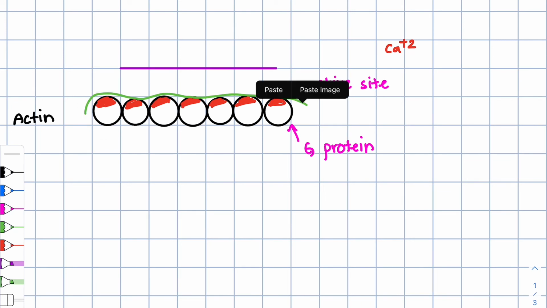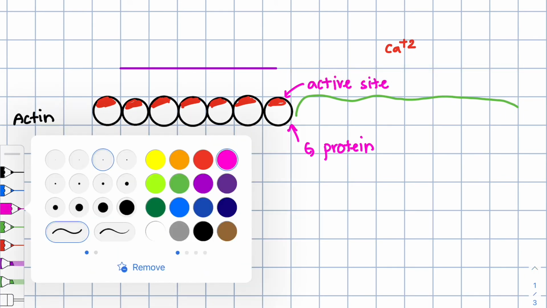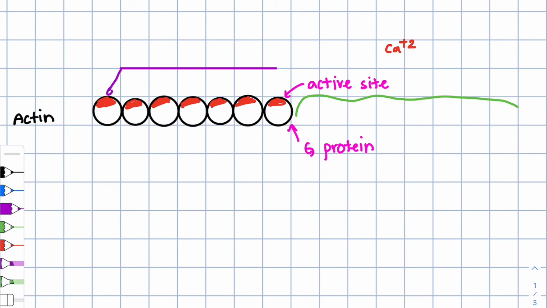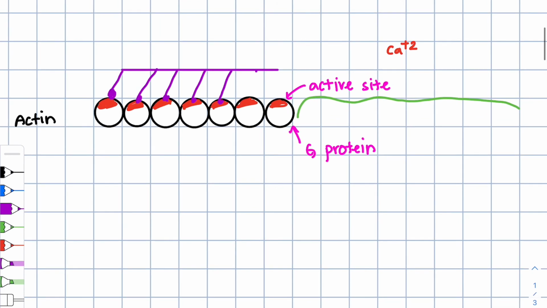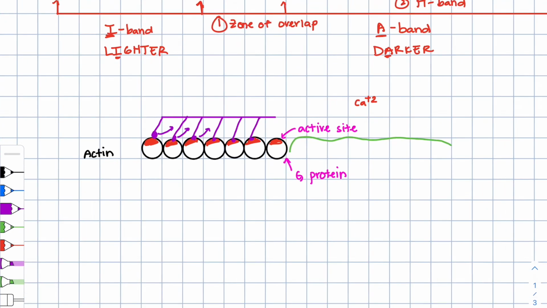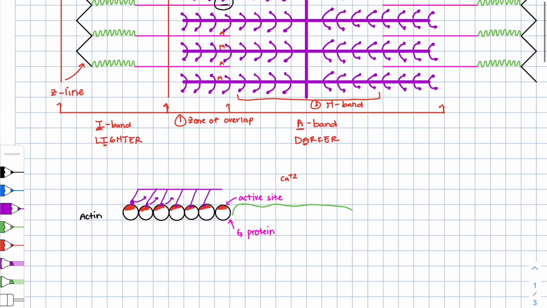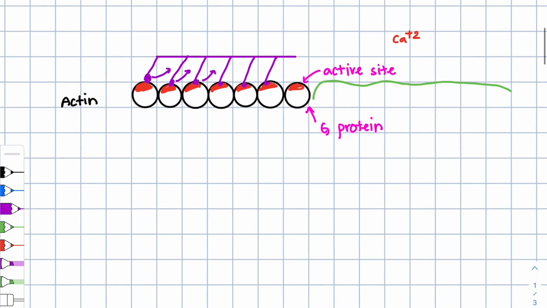So it's going to move away, and it's going to expose those active sites. Now we can have the myosin head interlock with those active sites, okay? And now these myosin heads are going to pull in that direction, and it's going to shorten the sarcomere.